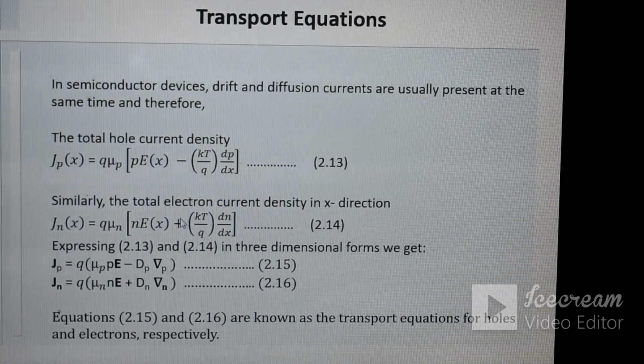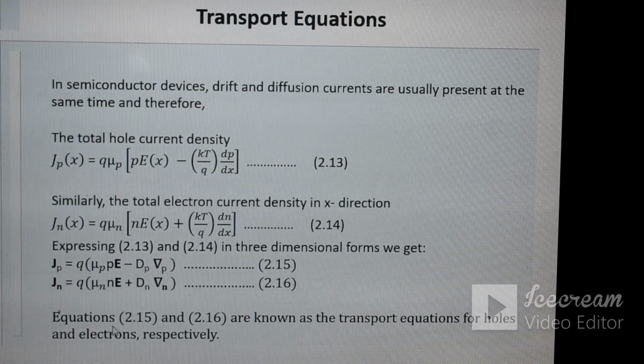Similarly, the total electron current density in the X direction will be given by equation 2.14. Expressing 2.13 and 2.14 in three-dimensional forms, we get equations 2.15 and 2.16.